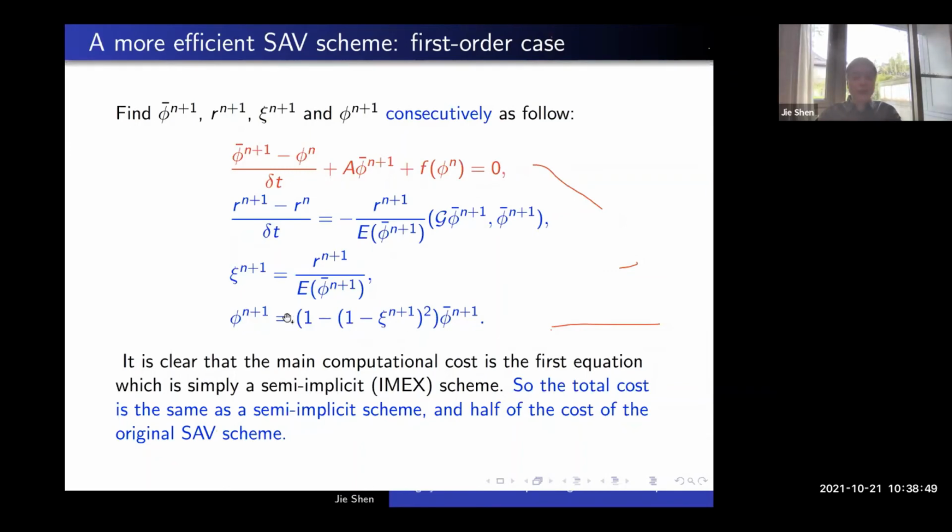So for phi^{n+1}, I use a second order correction to phi bar. So when I replace phi bar by phi here, I still end up with a consistent first order approximation for phi^{n+1}. So that's the scheme. And the scheme is extremely simple because you really need just to solve this first equation, which is a linear equation with constant coefficient.